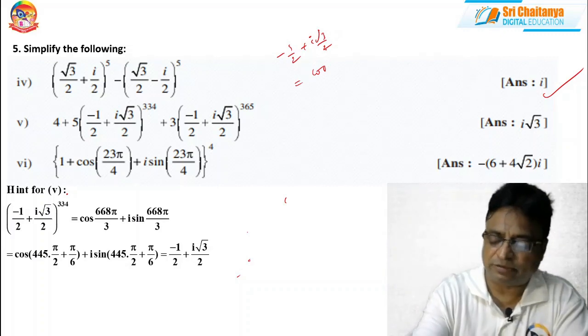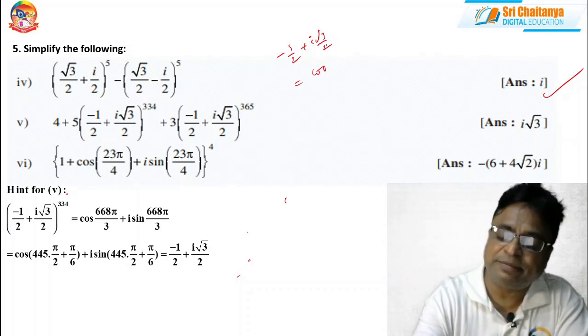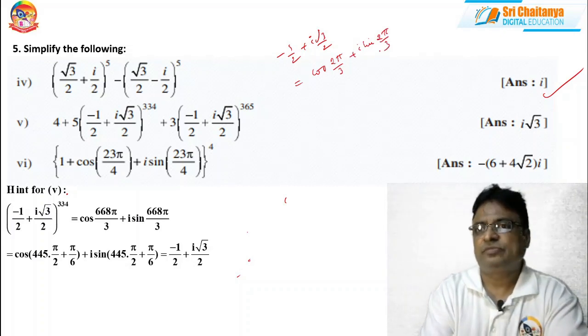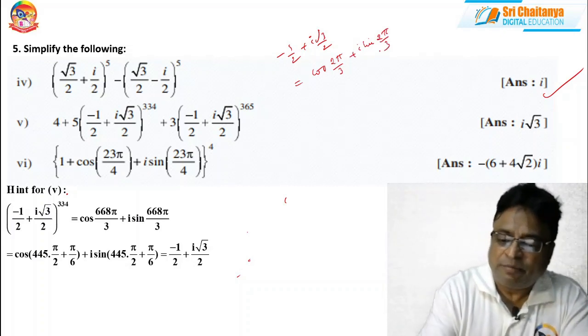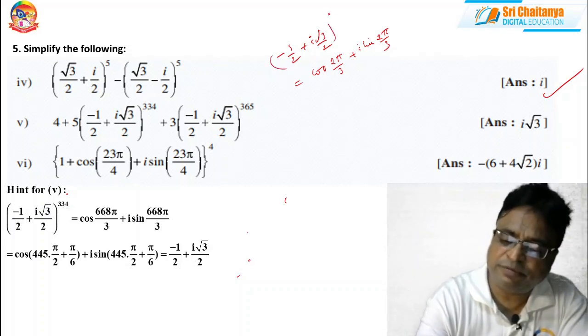Pi minus pi by 3, that is 2 pi by 3. Cos 2 pi by 3 plus i sin 2 pi by 3. This you have to write. But whole power 334 means what? Whole power 334 means you need to multiply with 334.